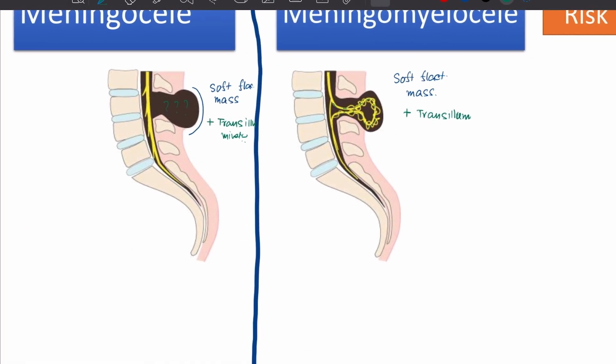So if this meningocele is covered with skin, there is usually no threat to the patient. If the meningocele is covered with skin, there is no threat to the child.